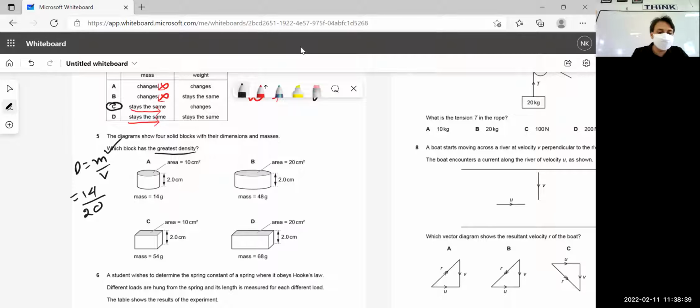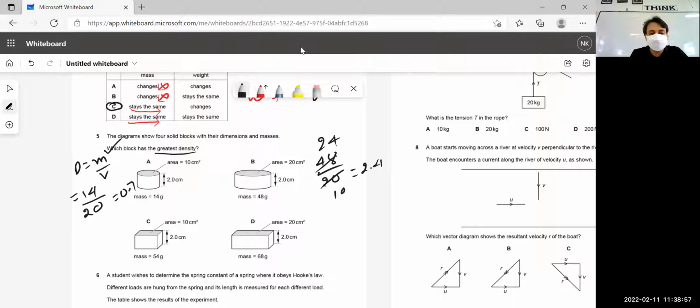So the density for object A is 0.7. You can write the unit by yourself. For the second object, we have the same equation, 48 divided by 20. If I divide by 2 and then by 2 again, this is equal to 2.4.